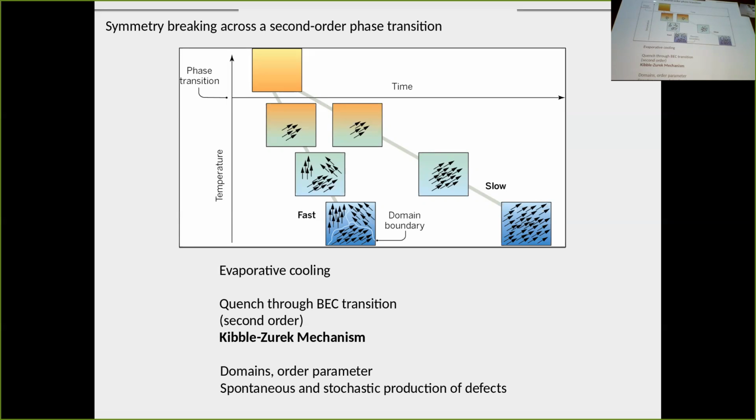On the other hand, if you cool fast, the spontaneous symmetry breaking happens on a local basis, so you create bubbles of order parameters which are somehow independent of one another. And in the end, you get domains of order parameters which are separated by boundaries where defects may appear.